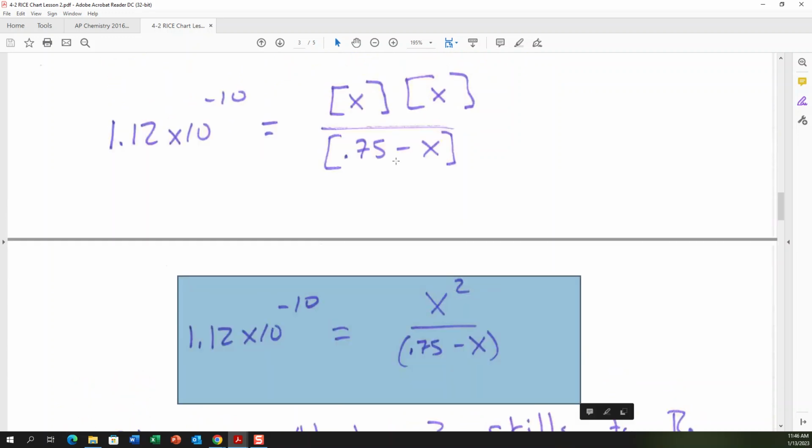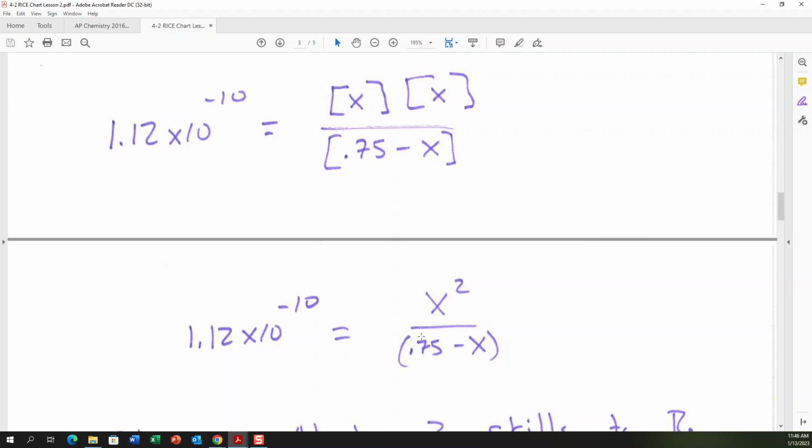I've got to solve for x, right? So x times x is x squared, and 0.75 minus x is on the bottom. Put it in parentheses, because if we were going to cross multiply here, we'd have to distribute that through the entire thing. But anyway, eventually we're not going to have to do that.